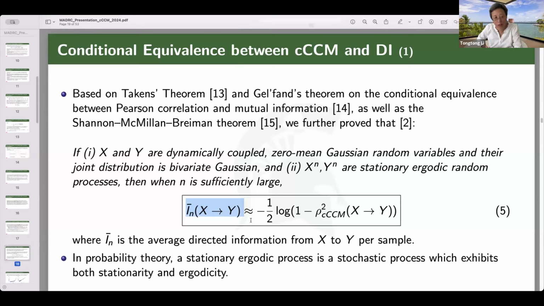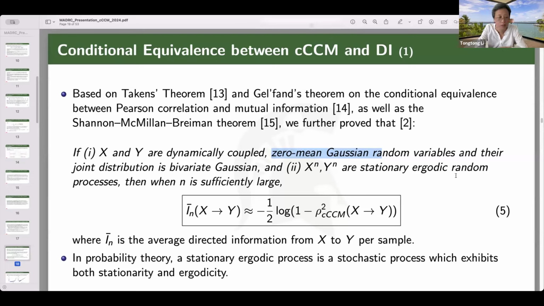Actually, we have worked on causality based on information theory for about seven or eight years. We found that under certain conditions, like zero mean, jointly Gaussian, stationary and ergodic random processes, all of these existing models are equivalent to each other one way or the other, a conditional equivalence.